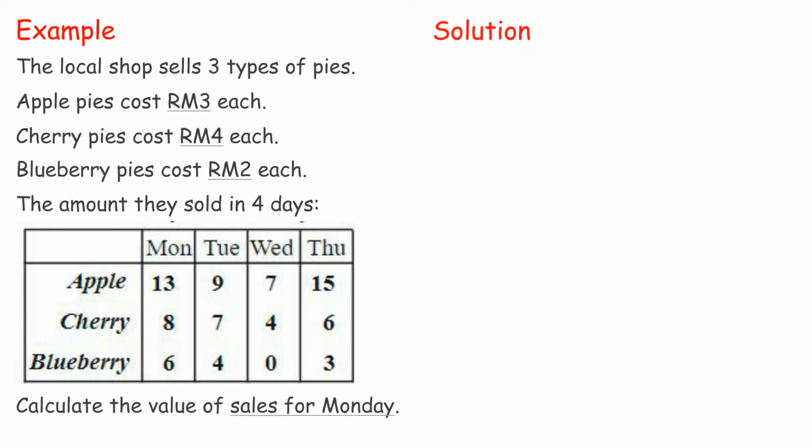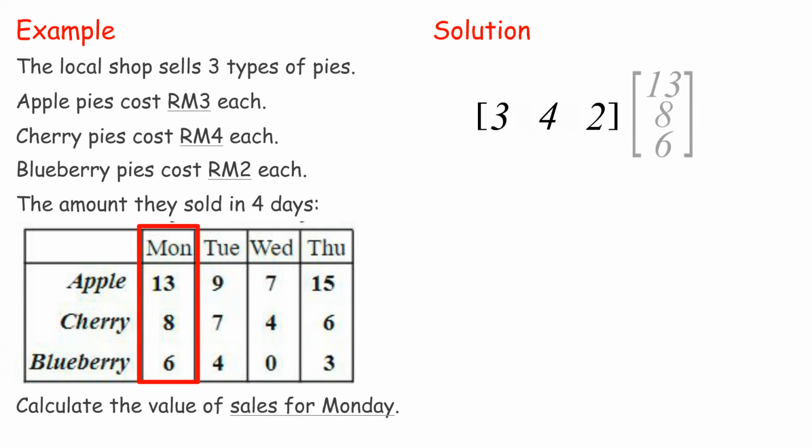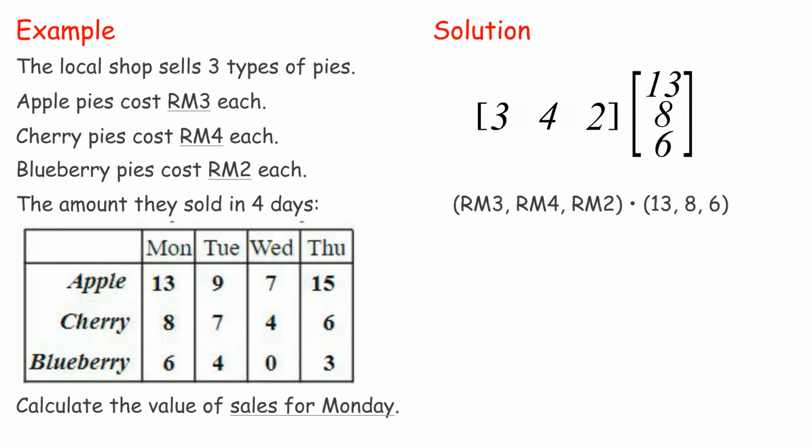Solution: the dot product of prices and how many were sold. RM3, RM4, RM2 dot 13, 8, 6 equals RM3 times 13, plus RM4 times 8, plus RM2 times 6, equals RM83. Therefore, the sales for Monday is RM83.